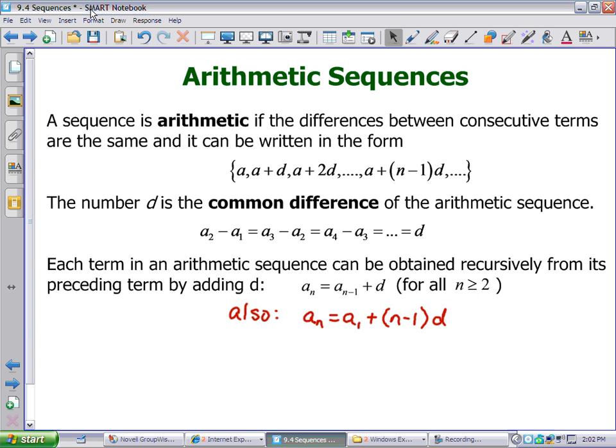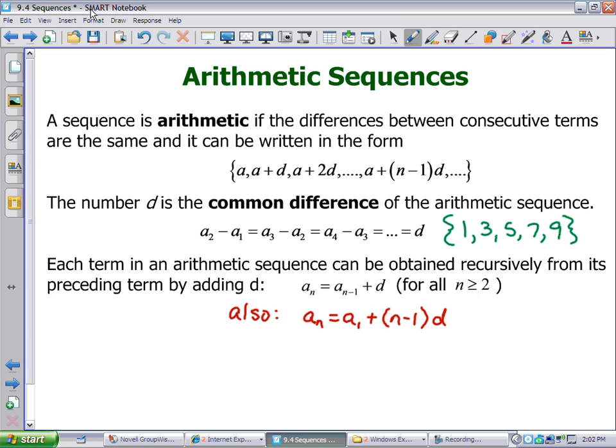For example, if I have the sequence 1, 3, 5, 7, 9, it follows the pattern that I'm adding 2 to each number, meaning the difference between each term is 2.